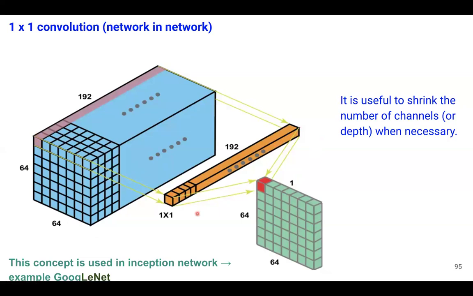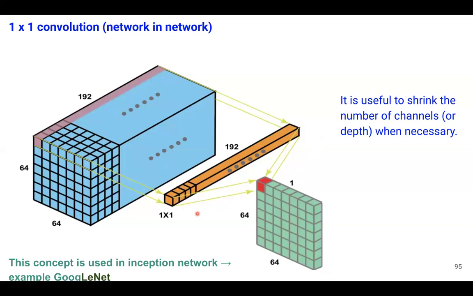And the network where it was used was a very deep network. But because of this particular concept, the deep network did not have too many parameters to deal with.